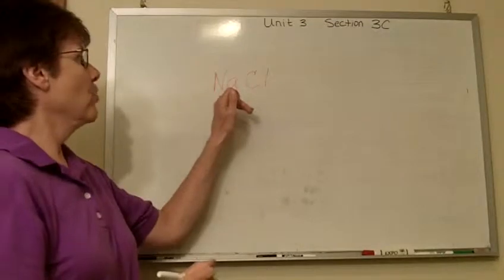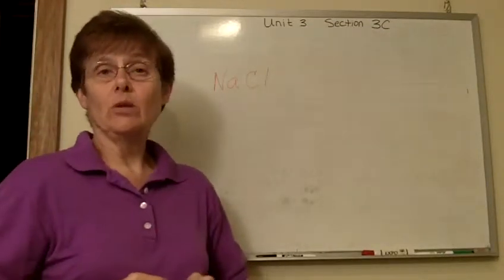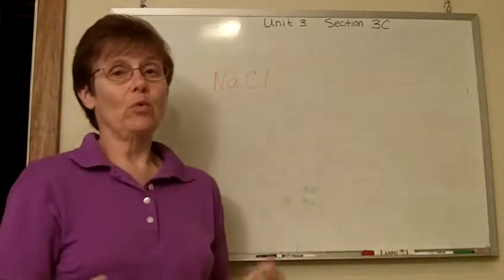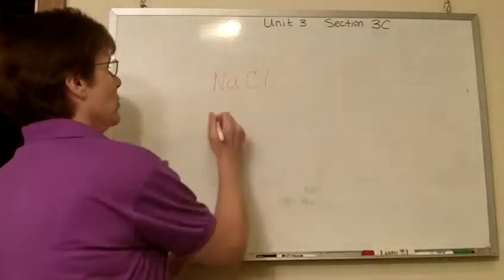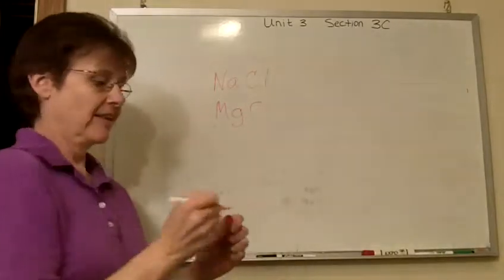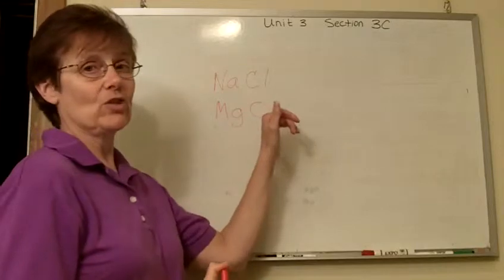We have a positive 1 ion and a negative 1 ion, and so they will always be present in equal amounts. So we don't see any subscripts here because they're both 1, and the 1 is simply understood and not shown. We could say magnesium oxide, like that. So this is a positive 2 and a negative 2.